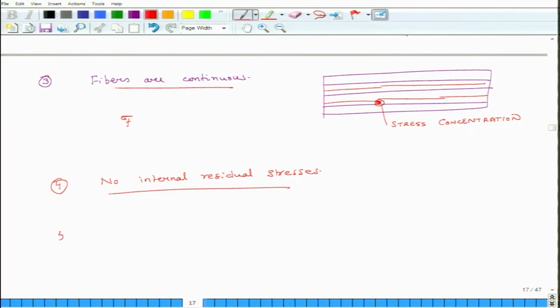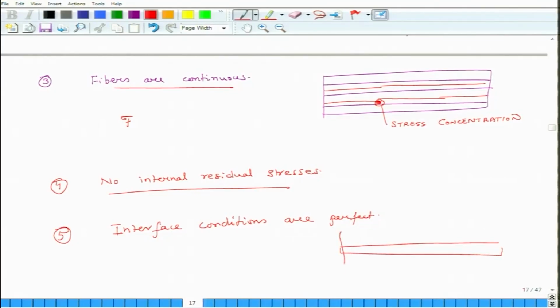And lastly, an important condition is that interface conditions are perfect. What does that mean? What that means is that you have a fiber and it is surrounded by matrix material.